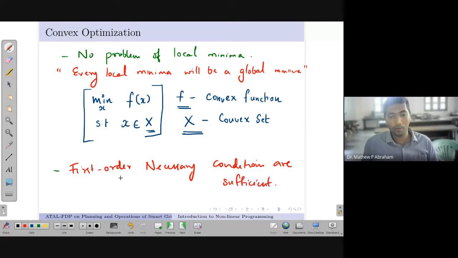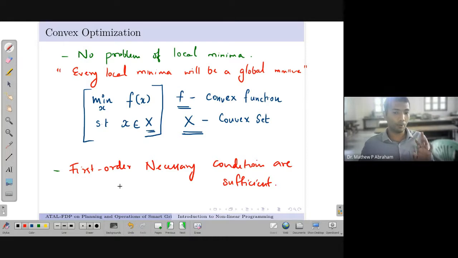While introducing the unconstrained optimization problem, I mentioned that the necessary conditions are not sufficient. That is very evident. But for a convex optimization problem, this is the power of it. You just need the first order necessary condition to find the solution.